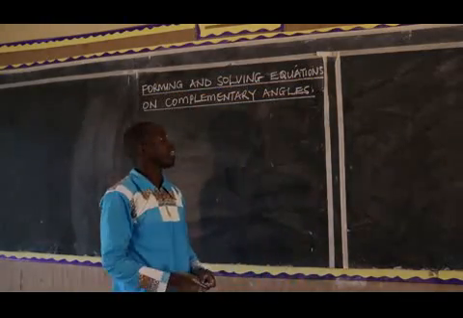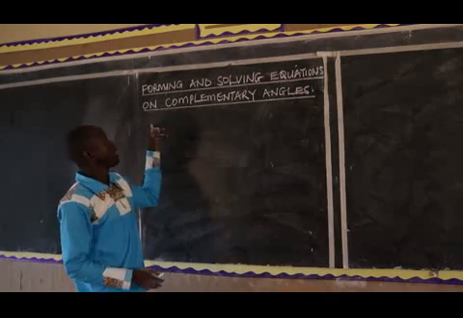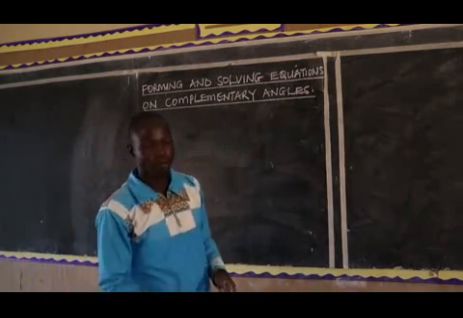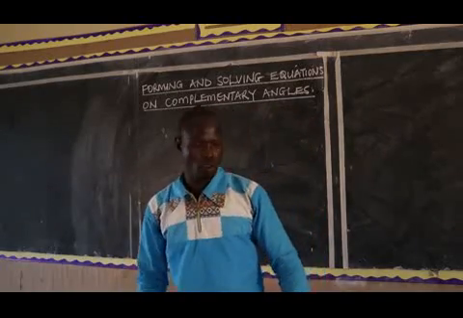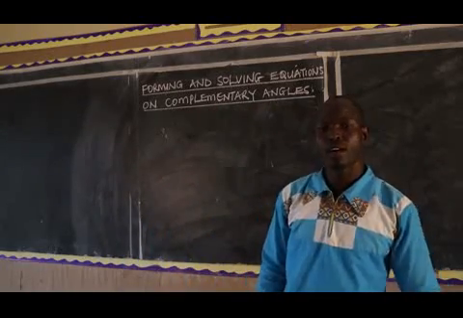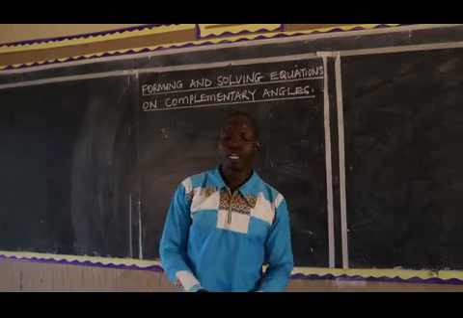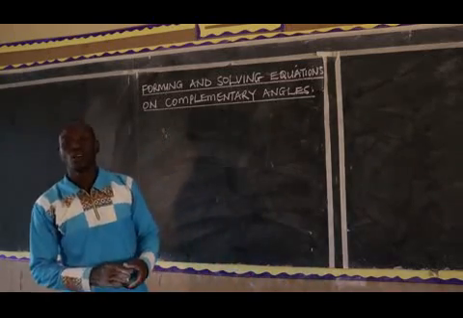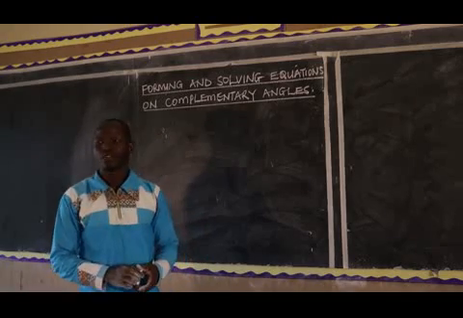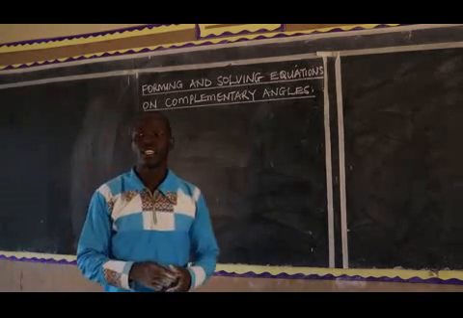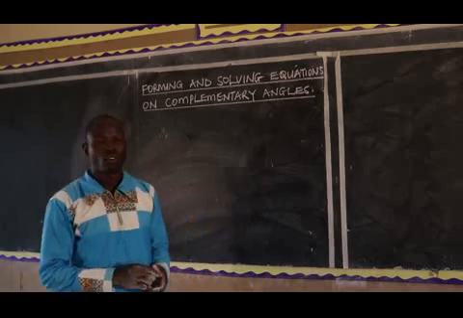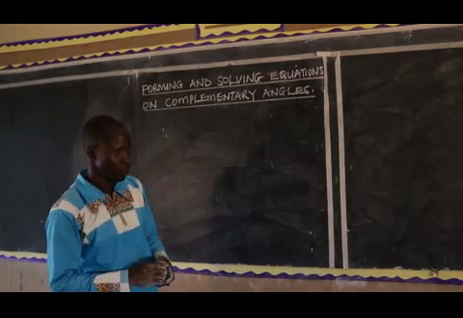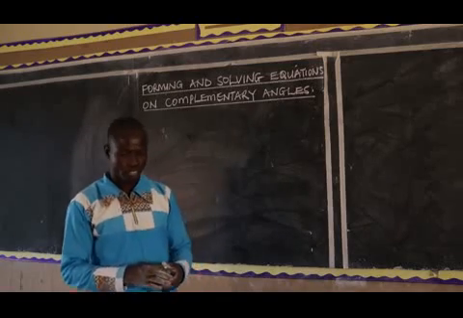We can all read our heading, forming and solving equations on complementary angles. Last time, I remember we looked at how to find complements of angles. My first question that I will not forget to ask you: what are complementary angles? Complementary angles are angles whose sum is 90 degrees. Good. Thank you for your response there.